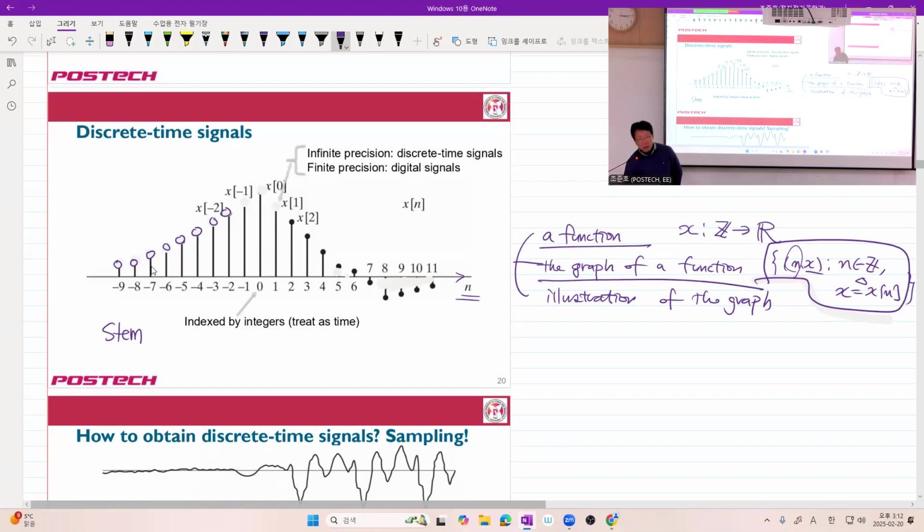Okay. Anyway, as I told you, these are mathematically well defined. Nobody argues. However, there are many different ways of illustrating a graph. That's why there are different figures. Ready? But most of the textbooks love to use filled circles.